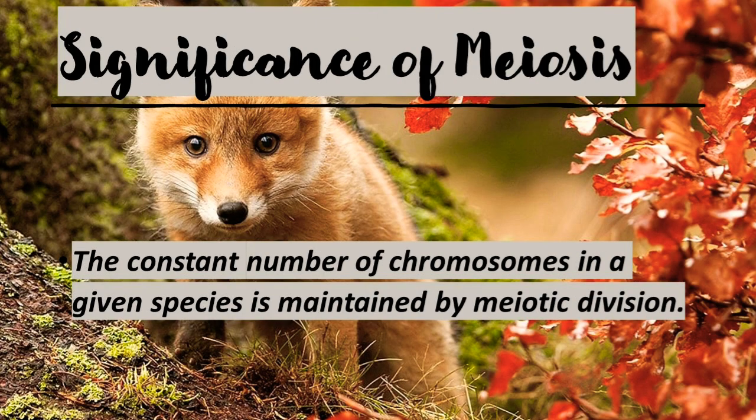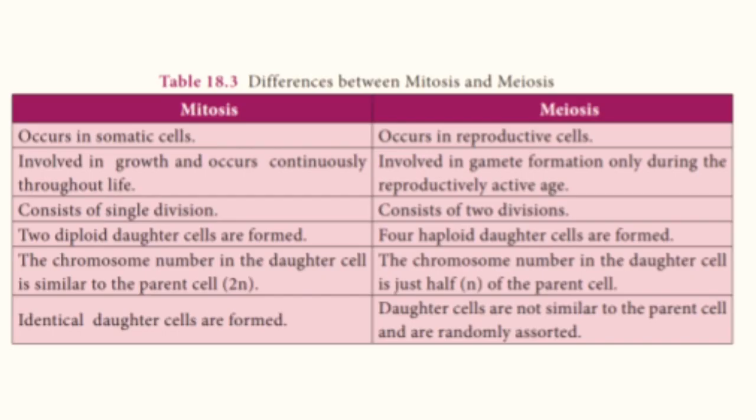Children, now we pass on to the significance of meiosis. The constant number of chromosomes in a given species is maintained by meiotic division. This is the significance of meiosis. Now let us pass on to differences between mitosis and meiosis. Mitosis occurs only in somatic cells.